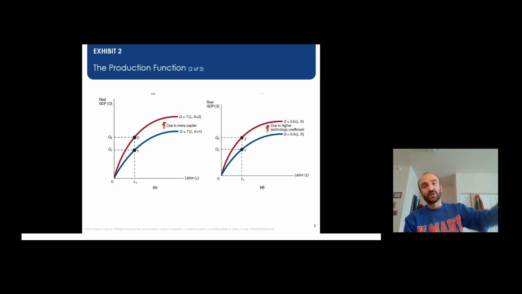How to help poor countries in Africa, South America, and elsewhere was to transfer money, foreign aid, to transfer financial capital to these countries so they can create more capital goods and catch up with wealthy countries. They can shift their production functions upward by increasing the amount of available capital.